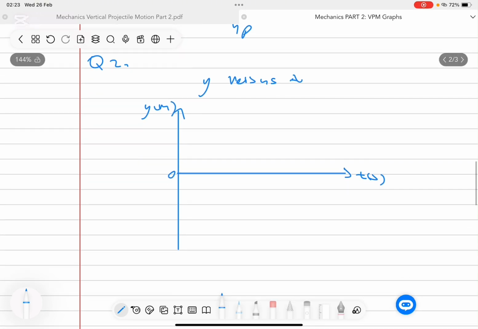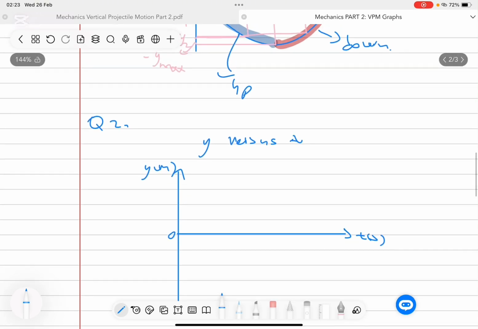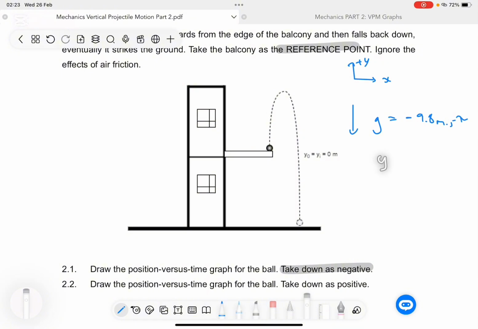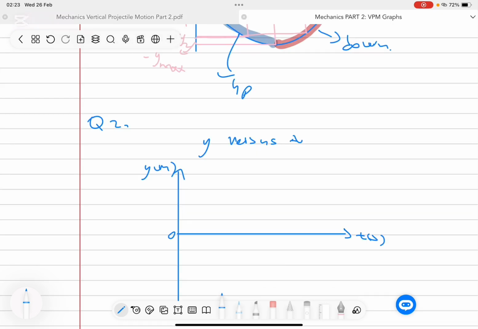This is 0. Now we are saying here that the initial position y is 0 meters. So that means our object will start here at y, and it is a sad graph. So it has to be a sad graph like this.